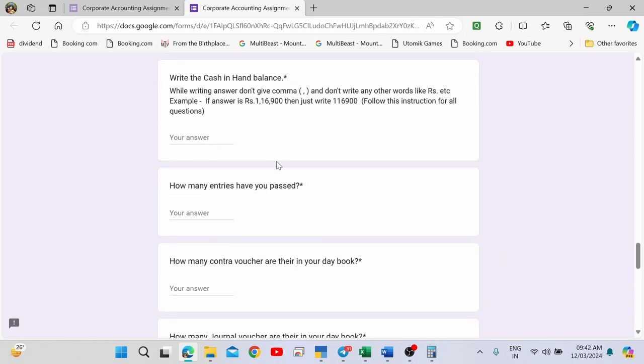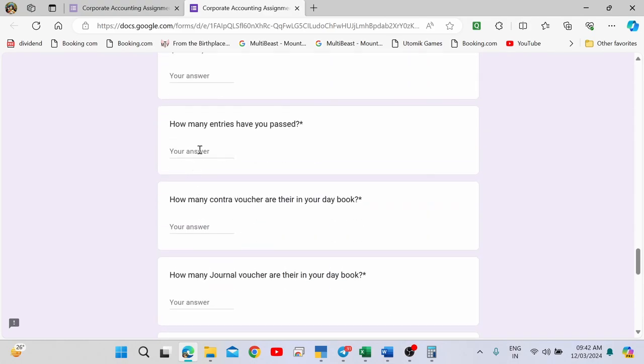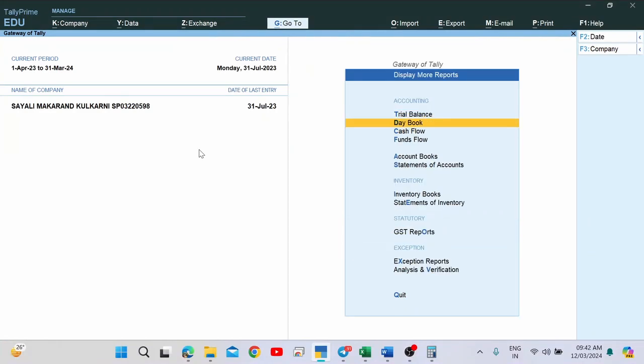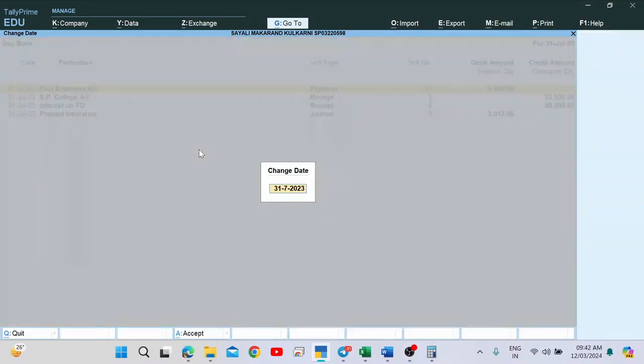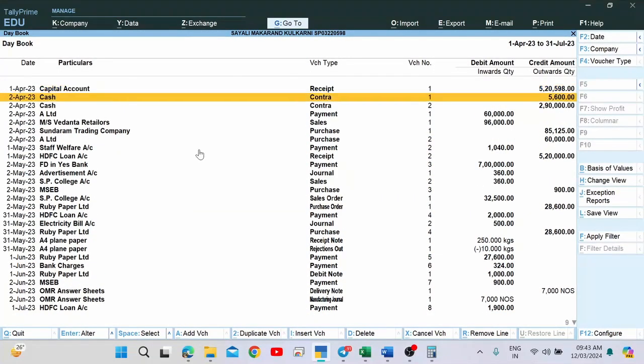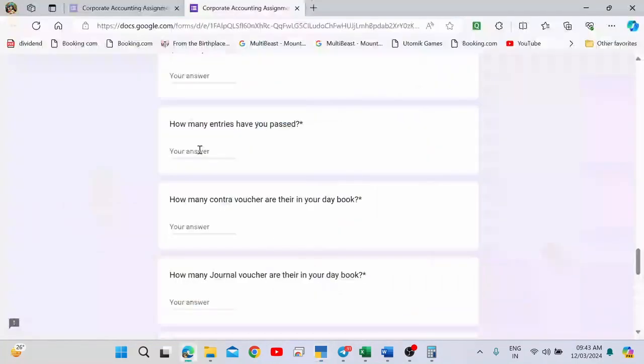Cash balance. How many entries have you passed? Just count the entries. Where can you get your entries? Now display, and then in the day book just remove the date and then count the entries. Correct. These many entries you should get in your tally. And then after that, how many journal vouchers?